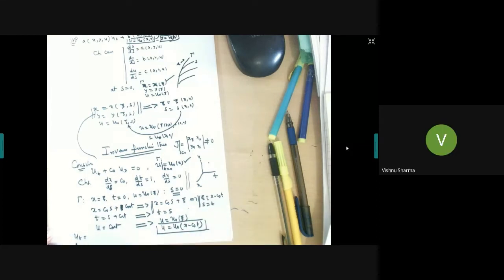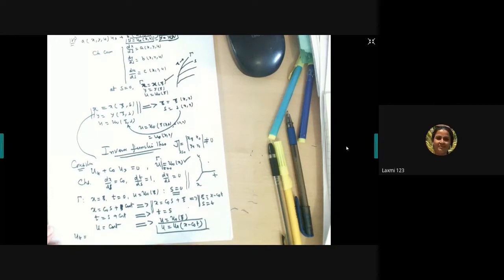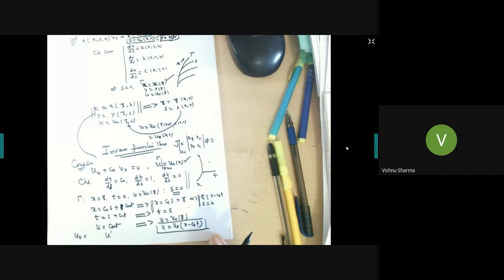So what is the derivative with respect to t? It's u naught prime of x minus c naught, into minus c naught. I'm using the chain rule.